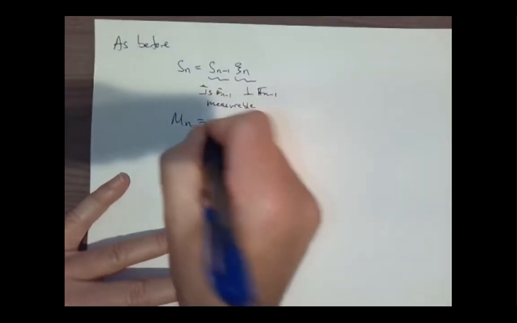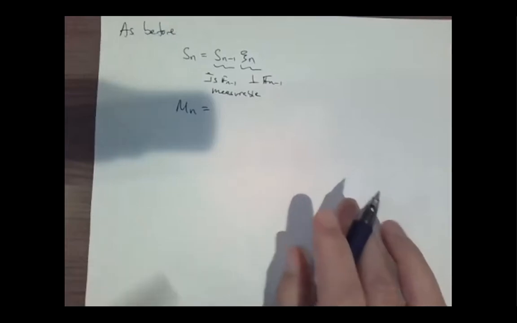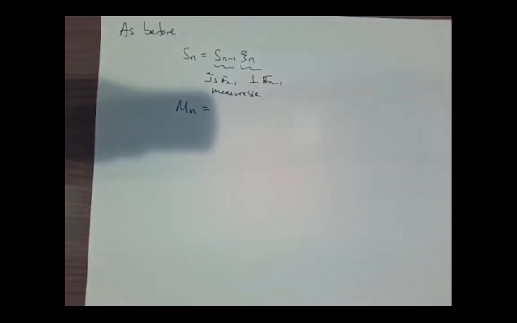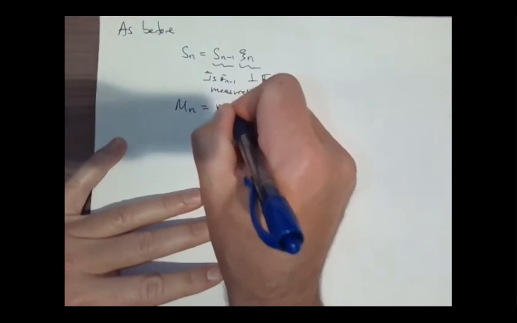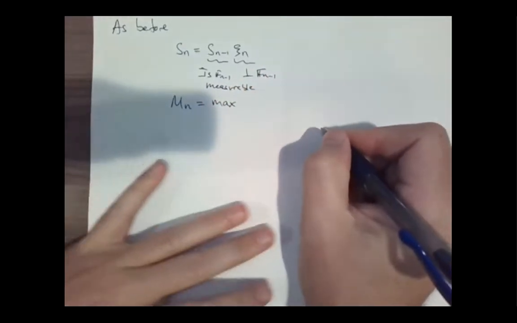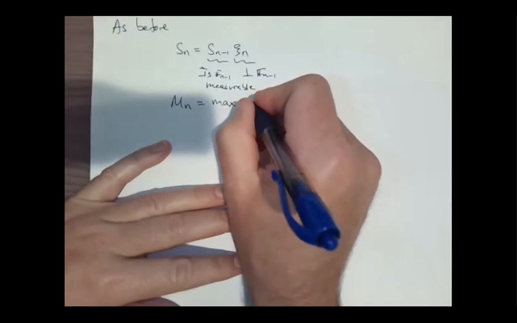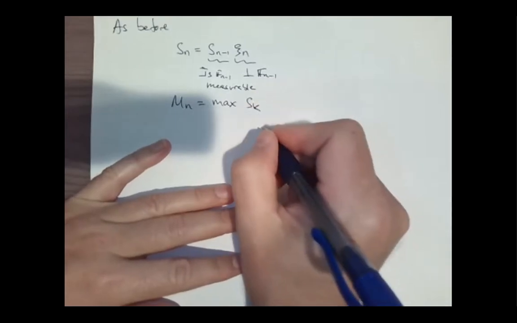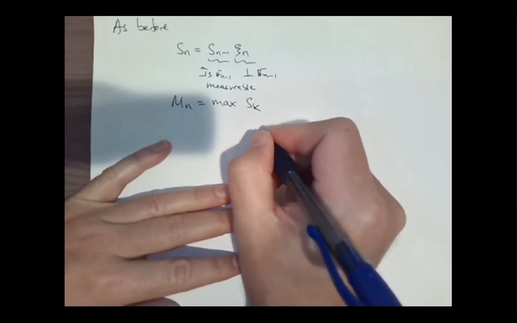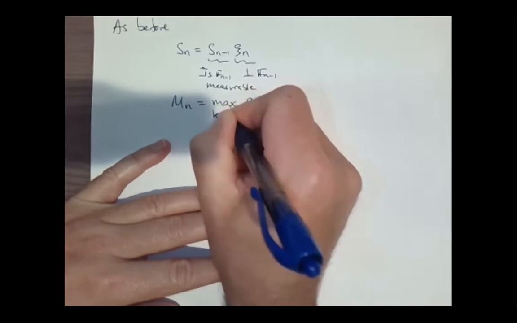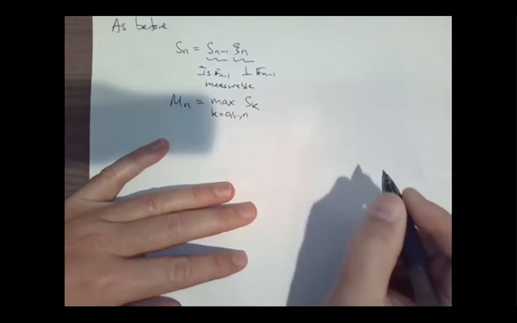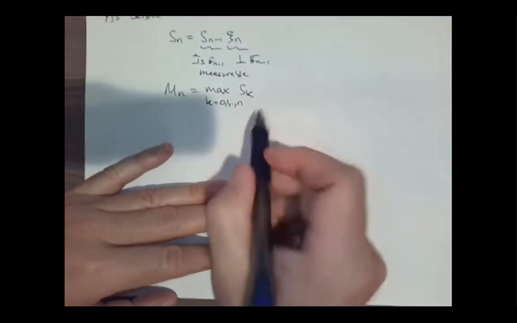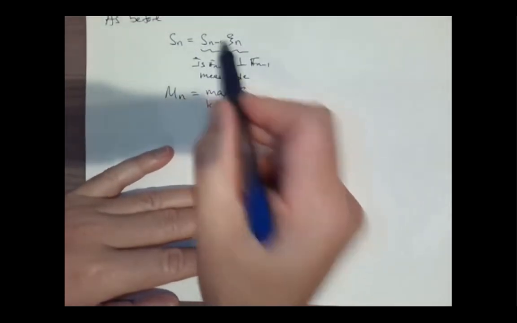So we need a decomposition of the same sort as what we had here. Mn is equal to the maximum of Sk from k running between 0, 1, all the way up to n. So we need a decomposition that's similar to the one up here.